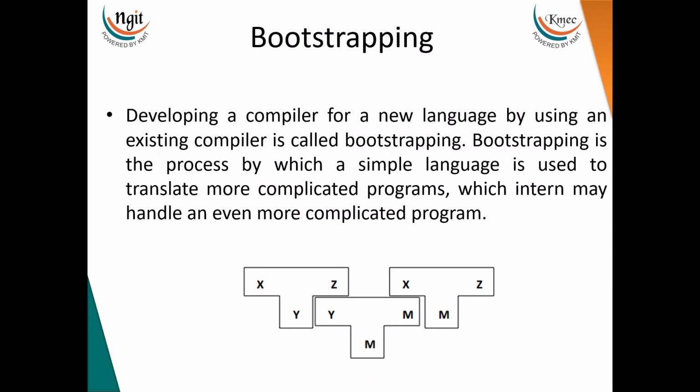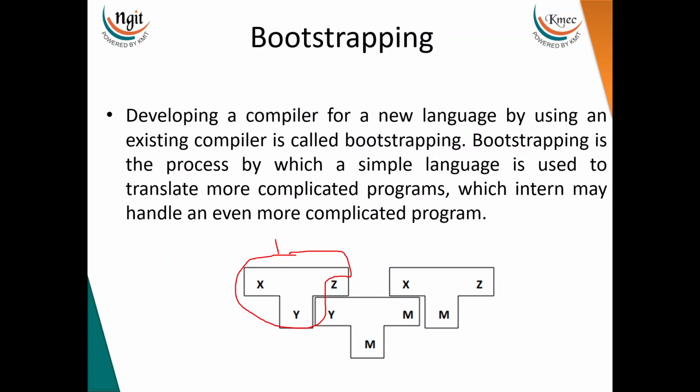Now here you can take X and Y. First we are developing the X language in Y. So we are writing the code for X in Y, and that is going to work on Z. Now this X is ready, the new compiler is ready.